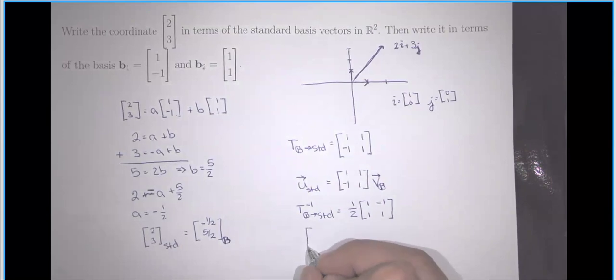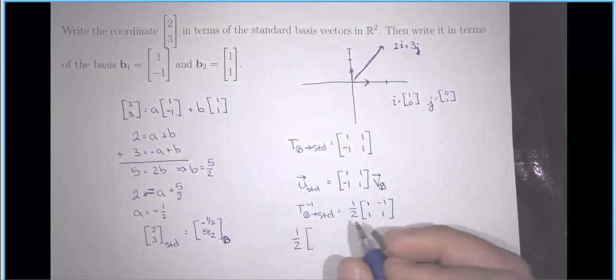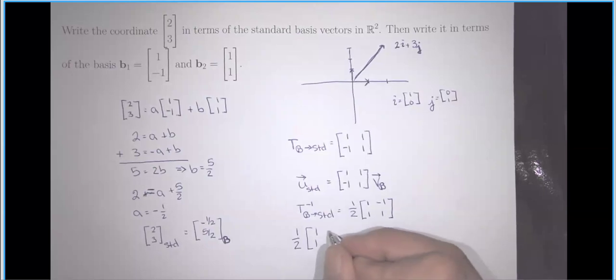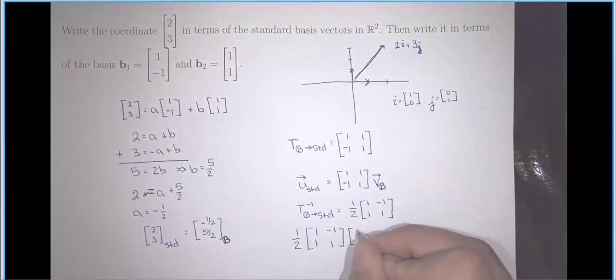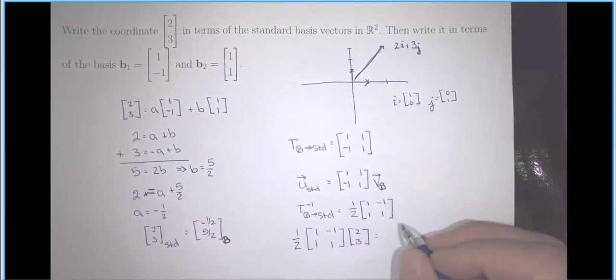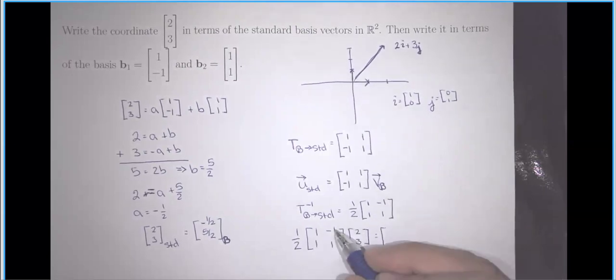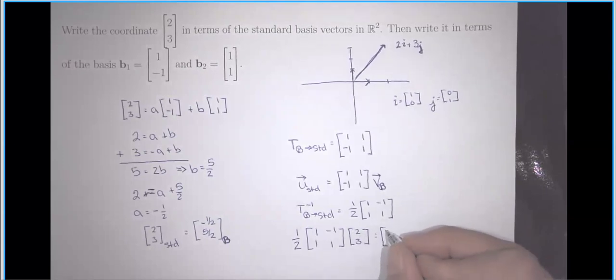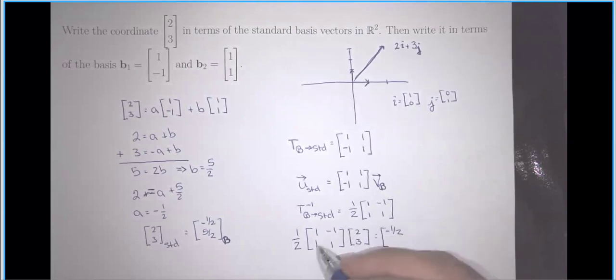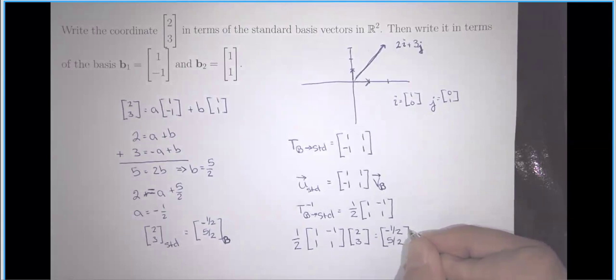So if I take 1/2, 1, 1, negative 1, 1, and I multiply by 2, 3, I end up with the vector 2 minus 3 is minus 1, divided by 2 is minus 1/2, and then 2 plus 3 is 5/2.